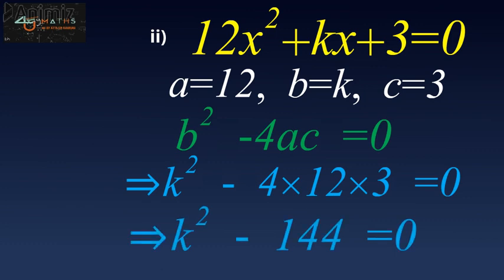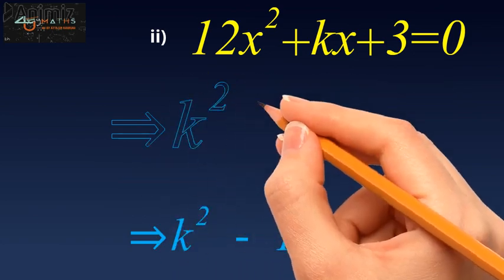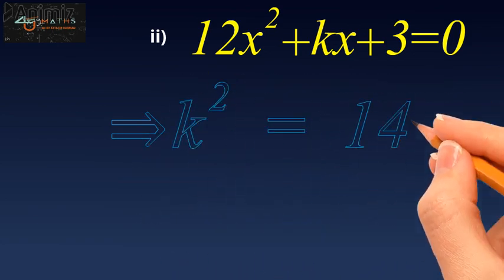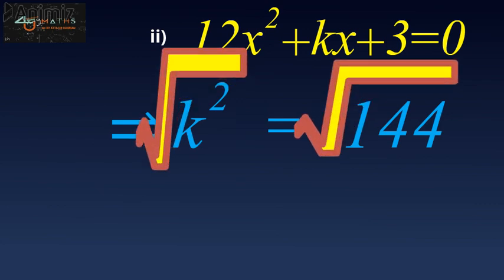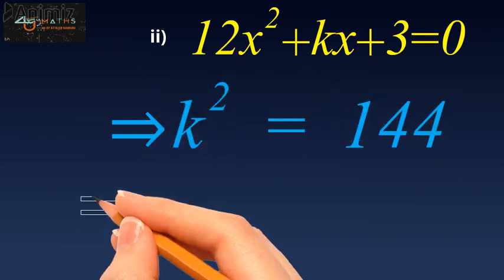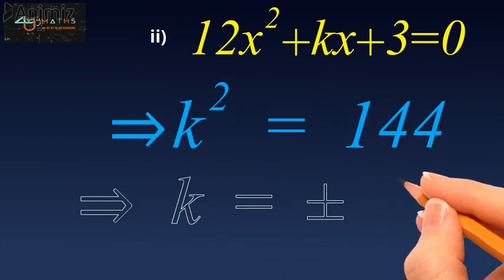Now transferring the constant from left hand side to the right hand side, we have k square is equal to 144. Finally, taking the square root, it gives k is equal to plus minus 12.